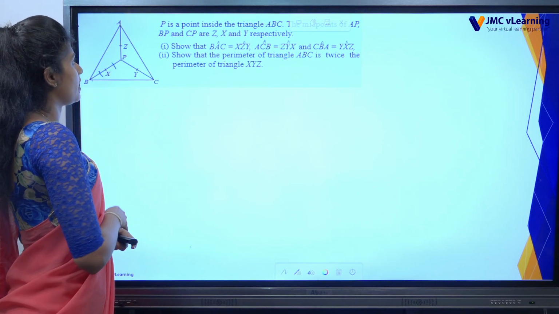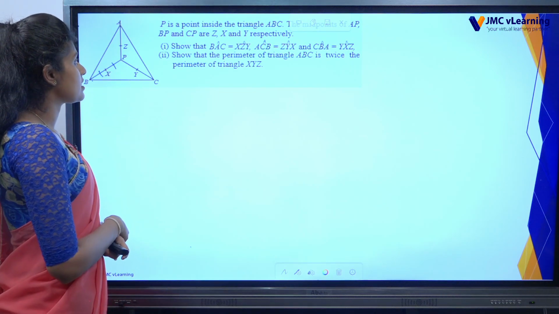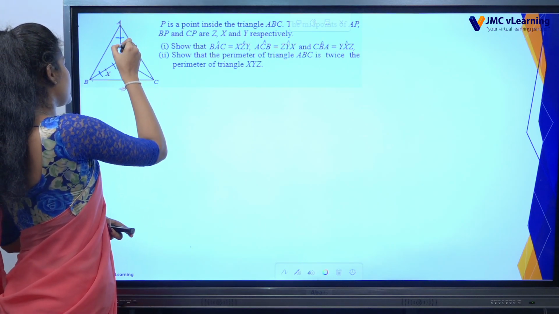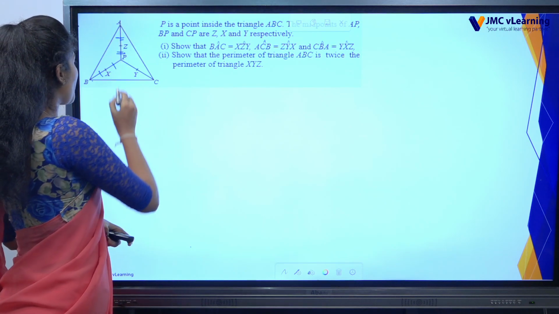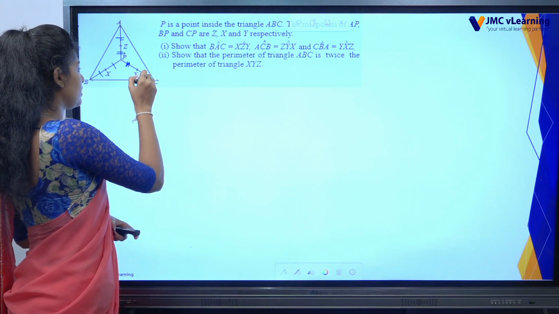Then BX and XP are equal to each other and ZP is equal to each other. PY and YC also are equal in length.